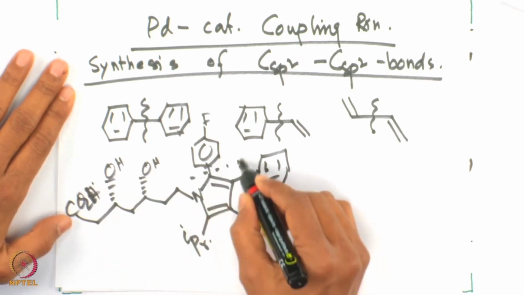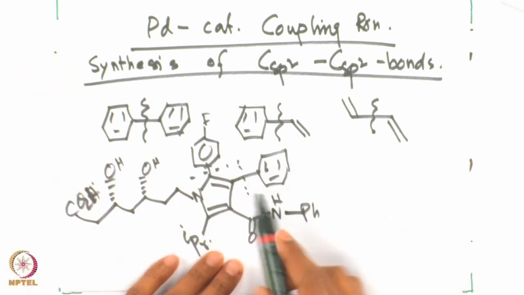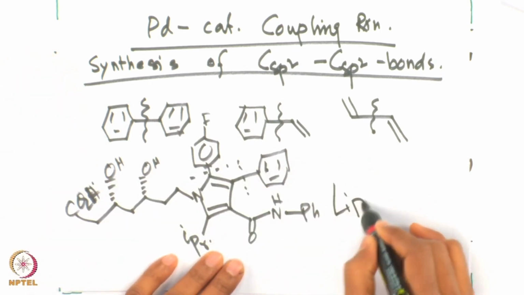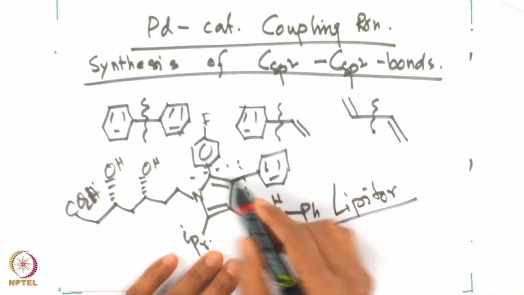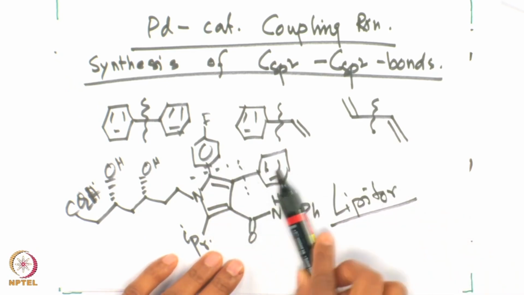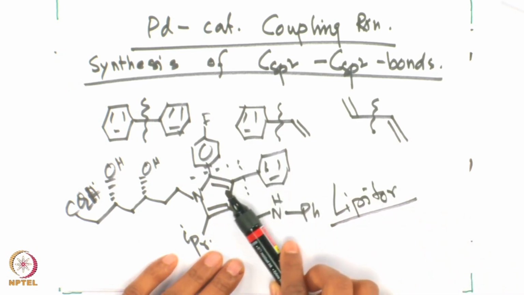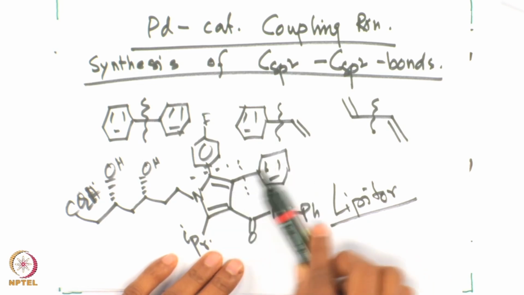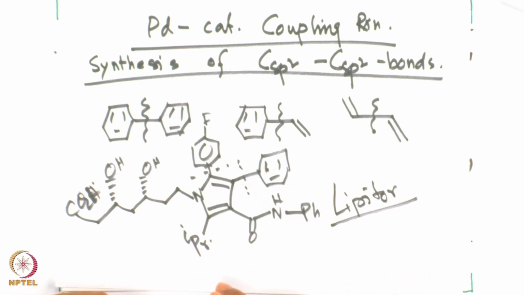Overall these two difficult carbon-carbon bond formation reactions, this is Lipitor, are carried out by the so called cross coupling reaction or palladium catalyzed cross coupling reactions.